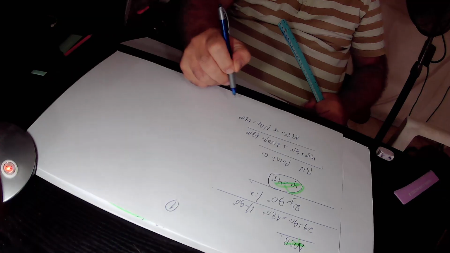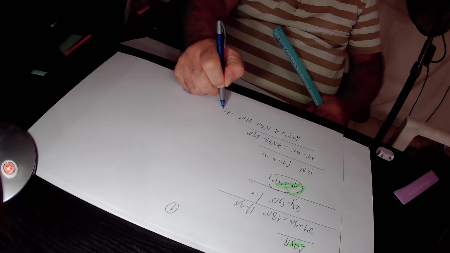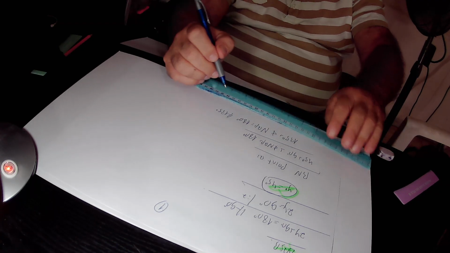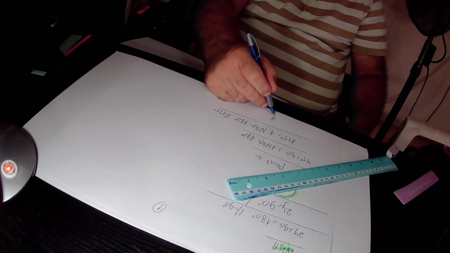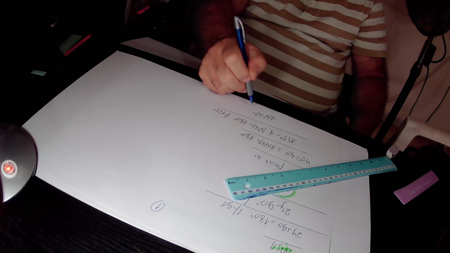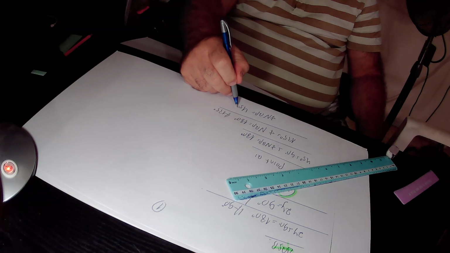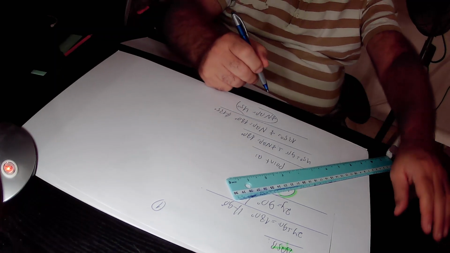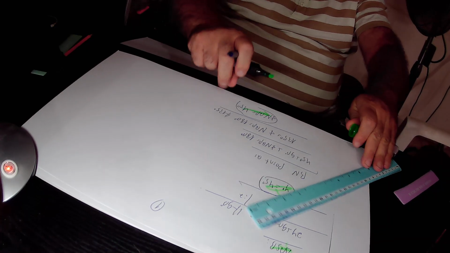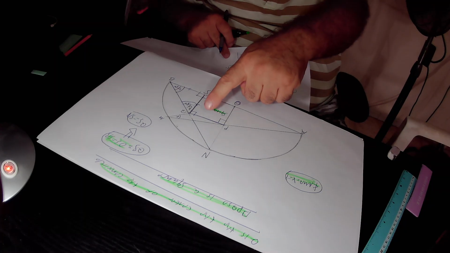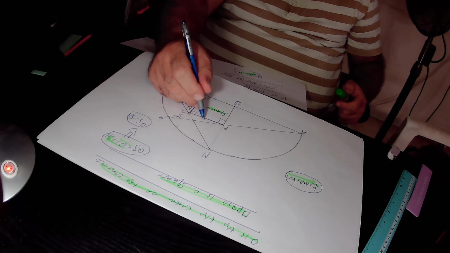So we subtract 135 degrees from this equation, and we get that the missing angle NQP is equal to 180 degrees minus 135 degrees, which is 45 degrees. So the missing angle NQP is equal to 45 degrees in its size.